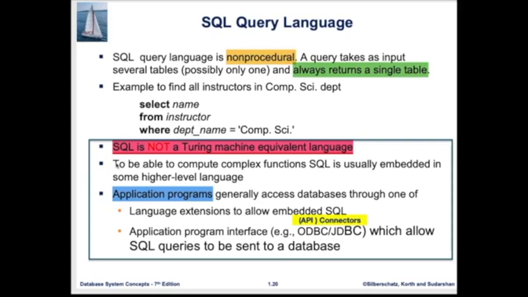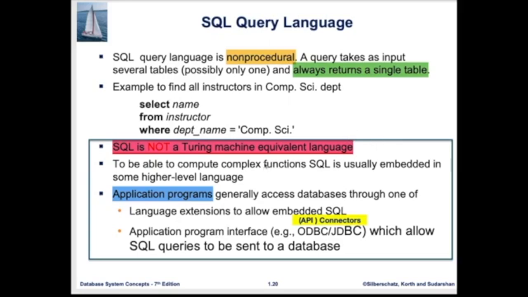So what's important is to note that SQL is not a Turing machine equivalent language. So, hindi pwedeng mag-isa lang si SQL tapos comparable na siya sa Python, sa C, sa C++, sa Java, and so on. So, hindi niya kaya yung gawin lahat ng kayang gawin ng Python or ng other Turing machine equivalent language.